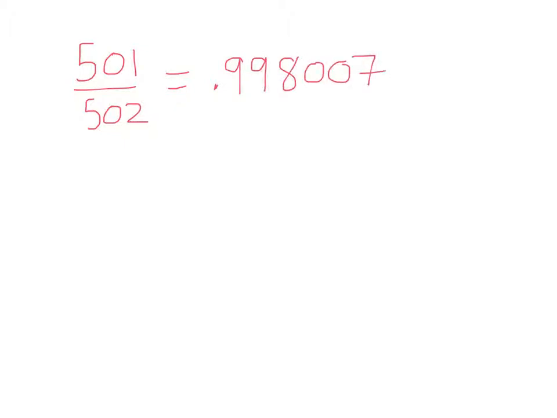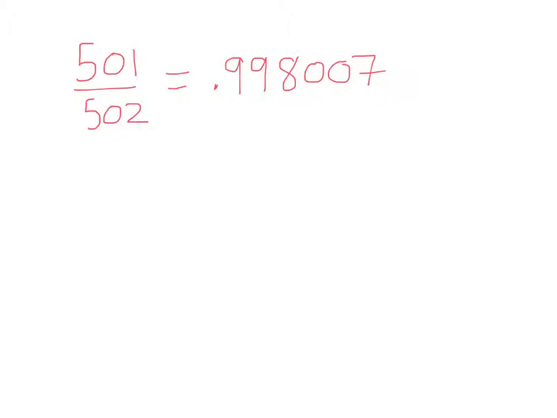All right, let's do one interesting one. Let's say we had 501 divided by 502. Now, the true definition of a rational number is a number that can be expressed as a fraction. Okay? So if you type this in the calculator, it's going to give you a decimal that goes on and on forever without a pattern. Okay?